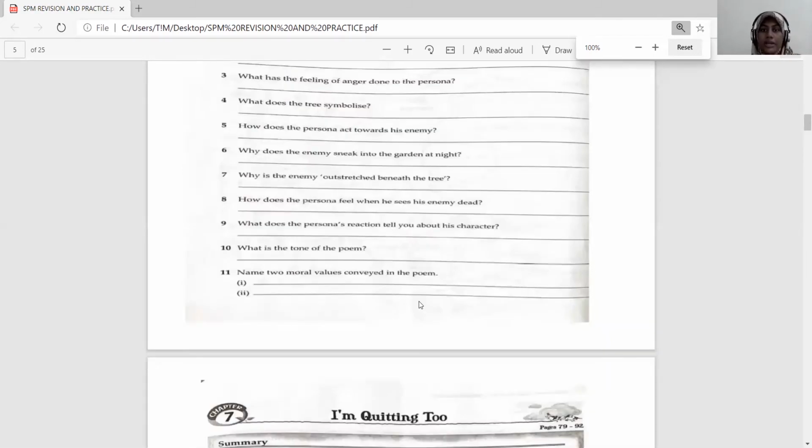Okay, how about two moral values? Name two moral values conveyed in the poem. We must. What is the moral value? Yes, we must be forgiving. Forgetful means pelupa, but good try, right? We must be forgiving, right? We must have self-control. We must communicate to solve conflict, very good.